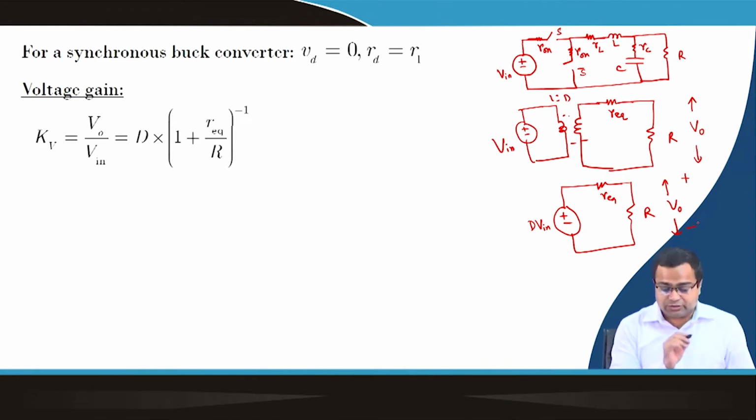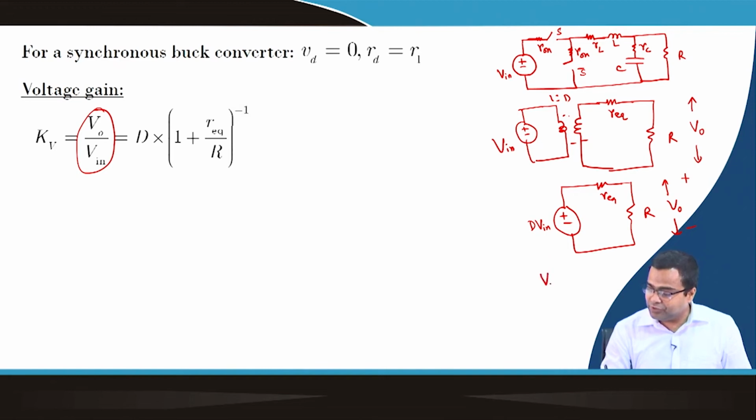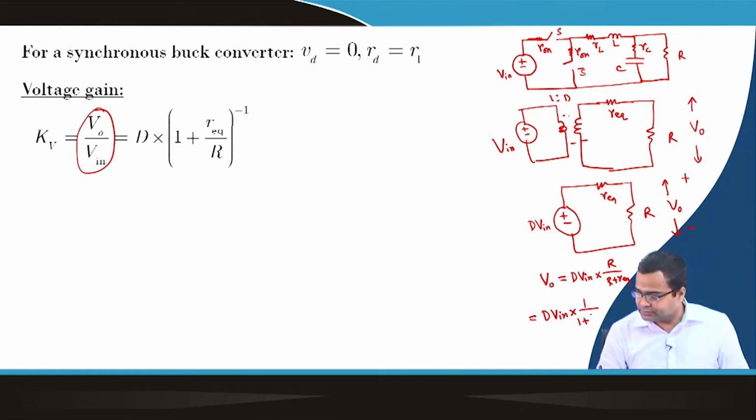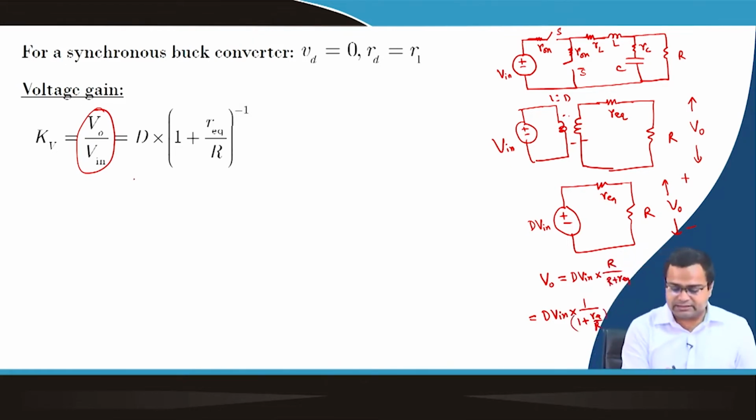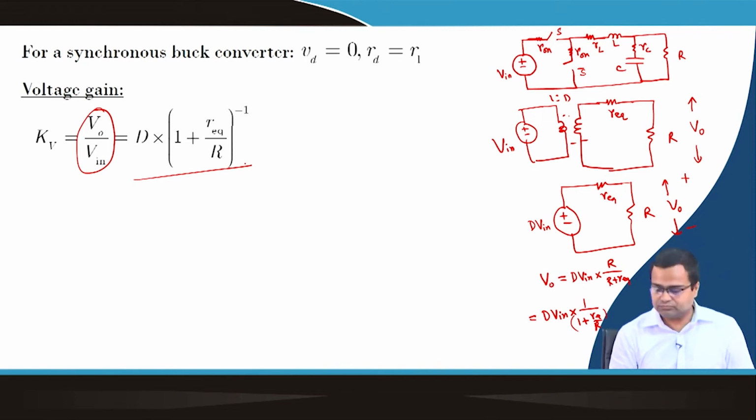Okay. So, that means my voltage gain, which is V0 by Vin. If you write V0, you will get D into Vin into R by R plus R equivalent, which is nothing but D times Vin into 1 by 1 plus R equivalent by R.